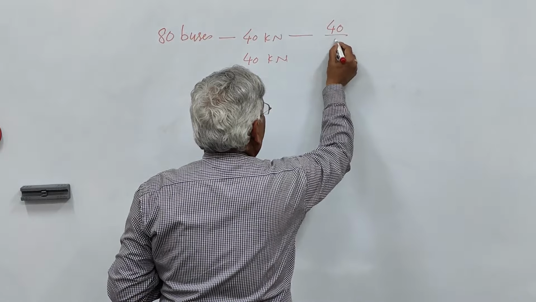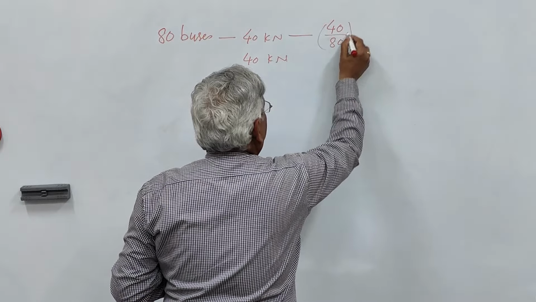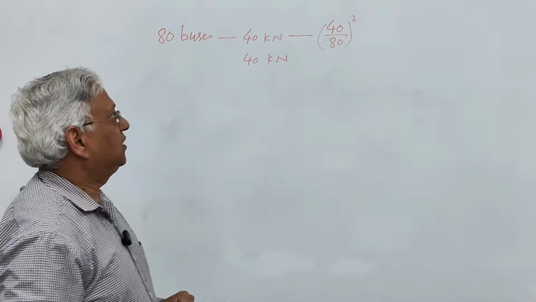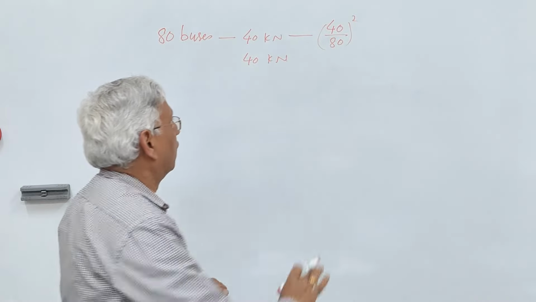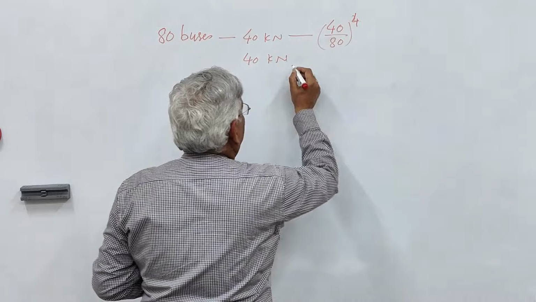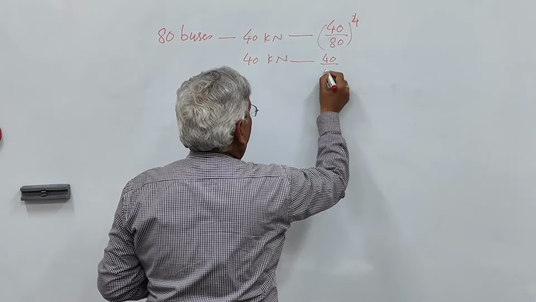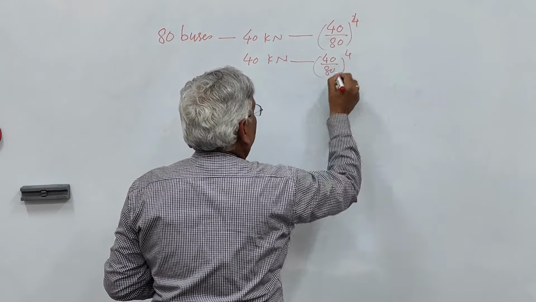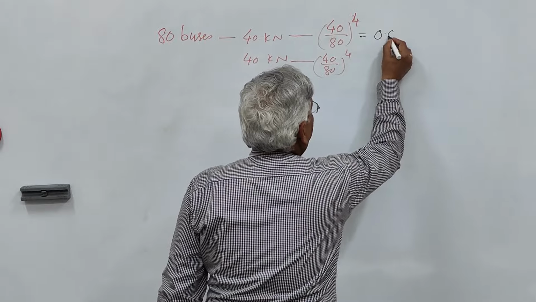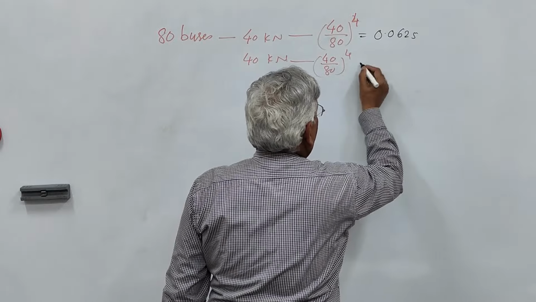Vehicle damage factor is the 4th power law, that is 40 upon 80 whole power 4, and similarly this one 40 upon 80 power 4. This is 0.0625.